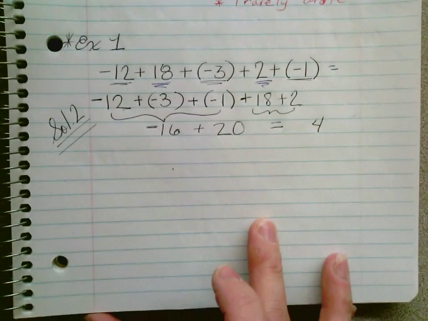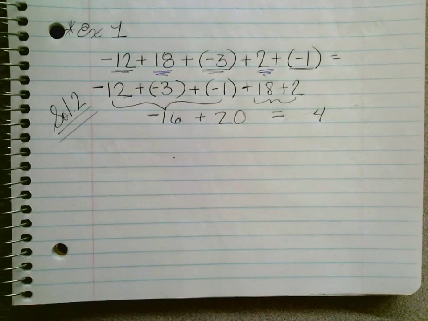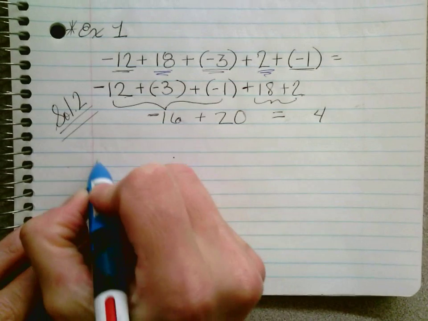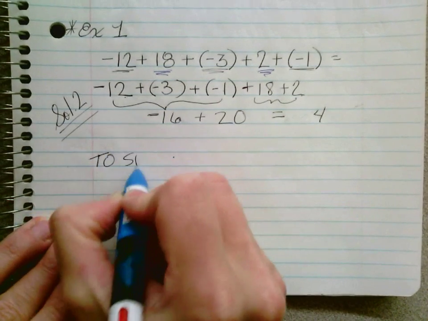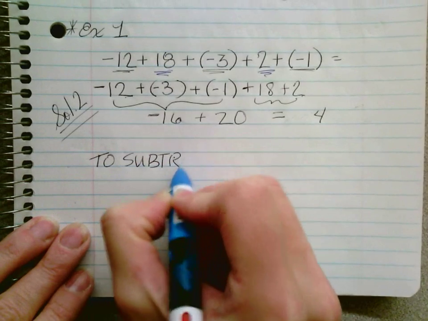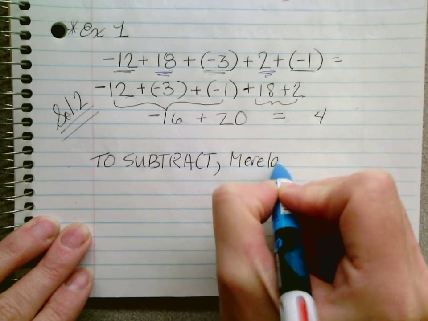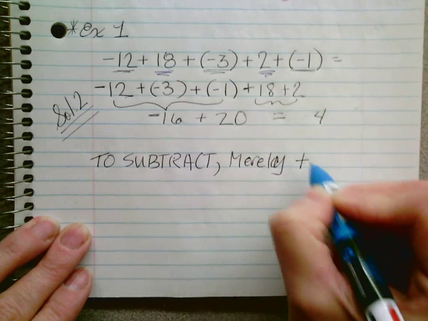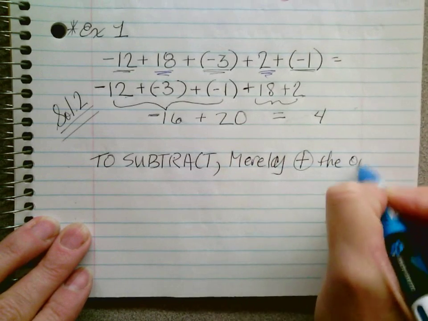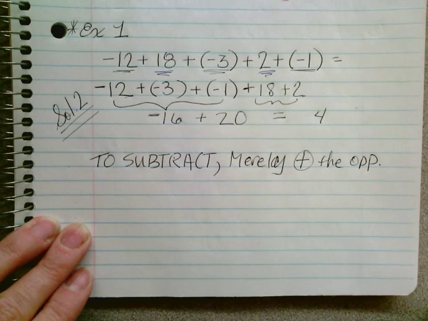So in algebra, and in algebra 2, they give you a definition of subtraction, and that's basically telling you that to subtract, merely add the opposite of the number being subtracted.